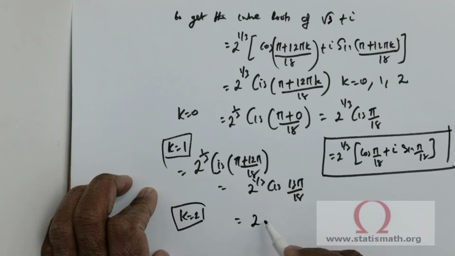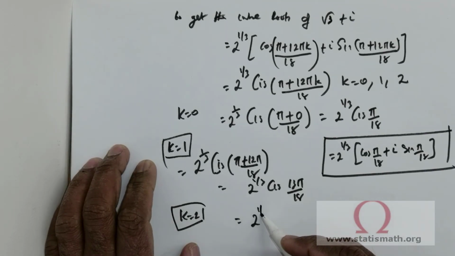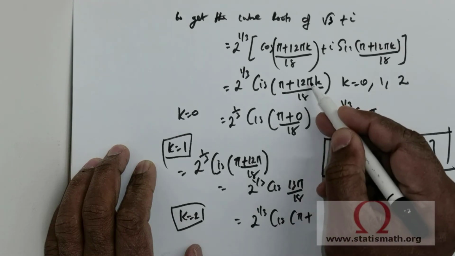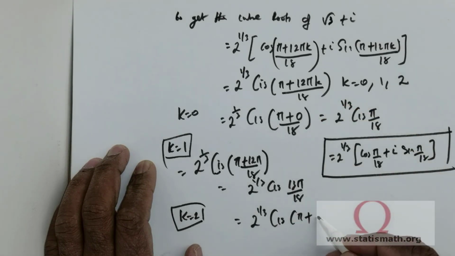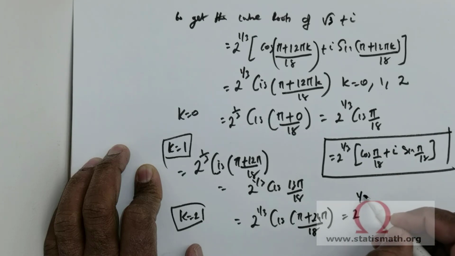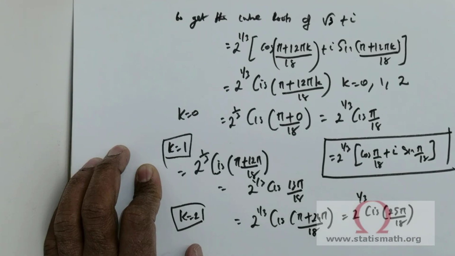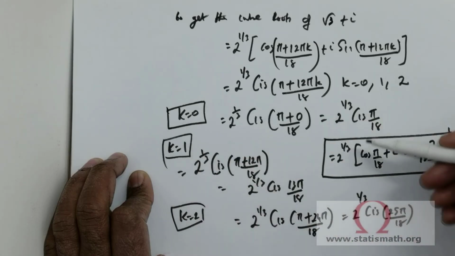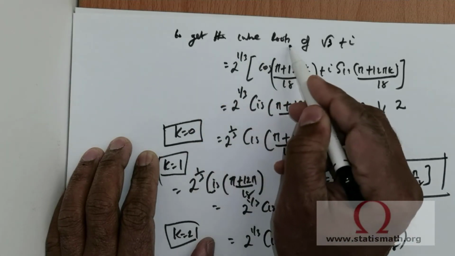That's going to be 2 raised to the power of 1/3 cis of (π + 24π)/18, which I can rewrite as 2 raised to the power 1/3 cis of 25π/18. All these constitute the solution for this question.